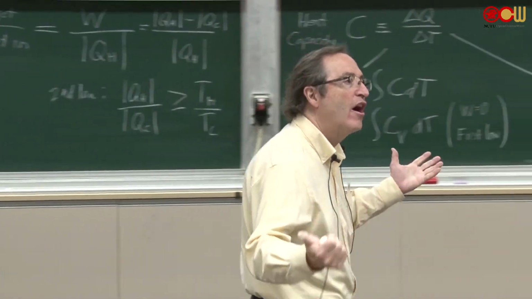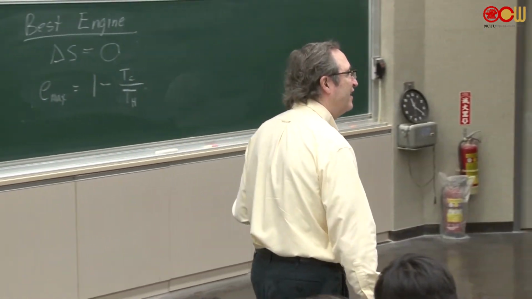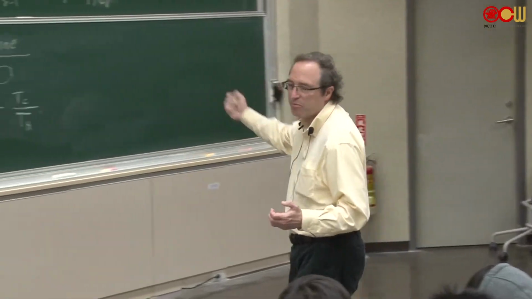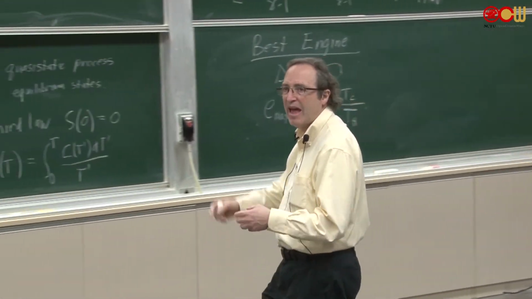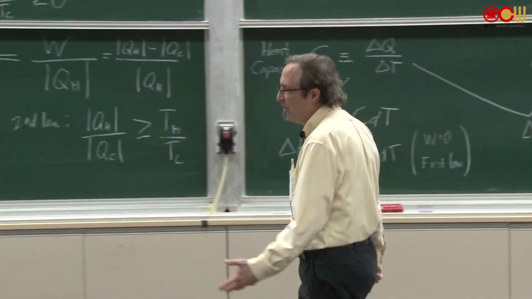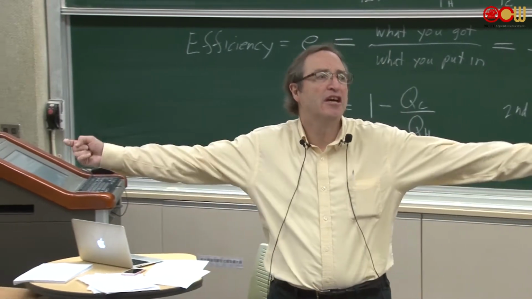That's why car engines have hot engines, right? You're not going to get very efficient using this kind of engine by having the two temperatures be the same. So for example, a lot of people have suggested, well, why don't we use the oceans?